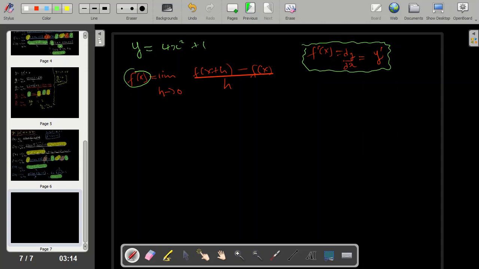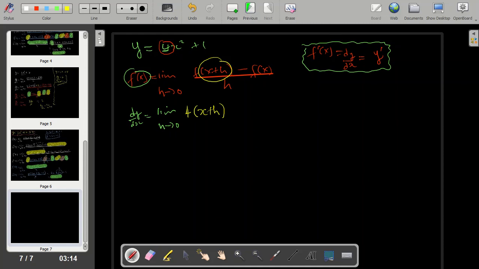So in this case, our dy/dx is equal to the limit as h approaches 0. We take the 4 which is in front, then open the bracket and write x plus h.